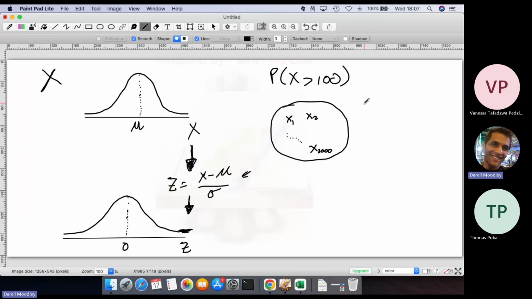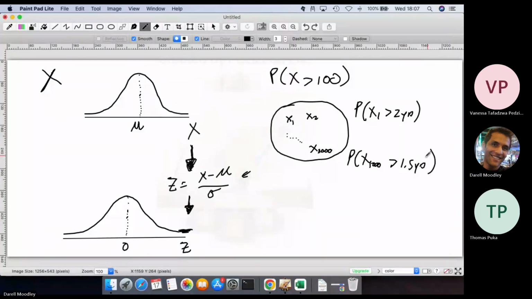So, for example, what is the chance that the lifetime of battery 1 is greater than 2 years? And what's the probability that the 1,000th battery, the last one that's made, is greater than 1.5 years? You can work out these probabilities by using this transformation.